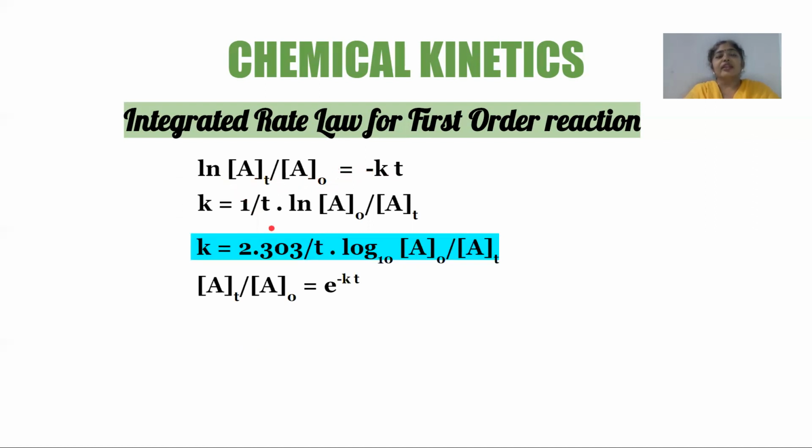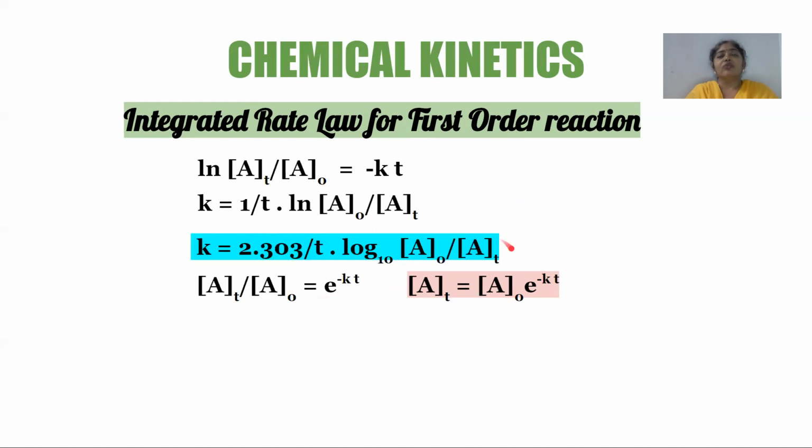So I get e raised to minus kt will become equal to AT upon A0. That is what I have written here. This is going by the laws of logarithm. So when I rearrange, I can say AT is equal to A0 into e raised to minus kt. This is the exponential form of writing down the integrated rate law for a first order reaction.